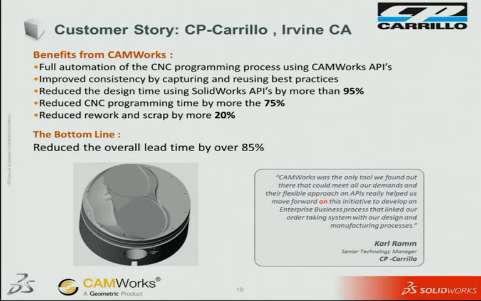Through the APIs, we can give them projected dome volumes. We can change compression ratios, all on the fly during the middle of, say, a 5 or 10 minute conversation with a customer. We can shoot them images of what the part's going to look like.